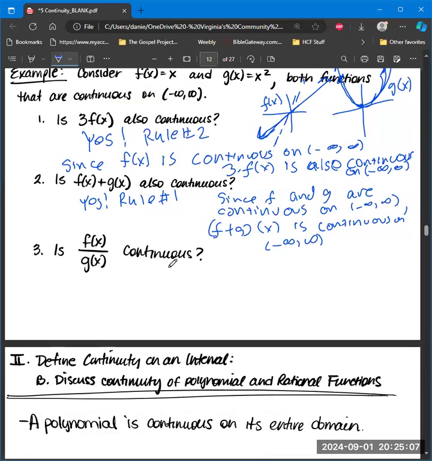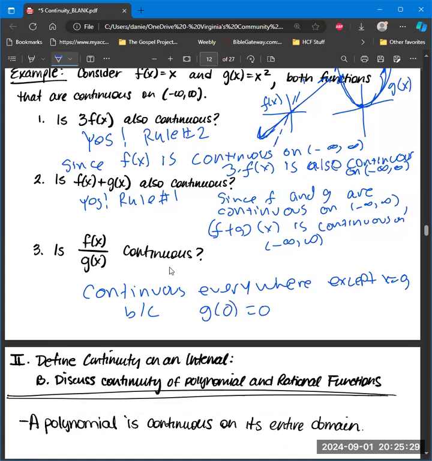What about f divided by g? It'll be continuous everywhere other than at 0, except x equals 0, because g of 0 equals 0, and we can't divide by 0.